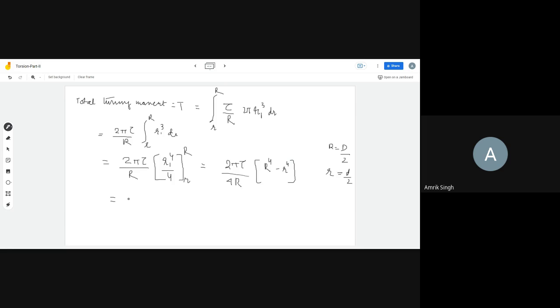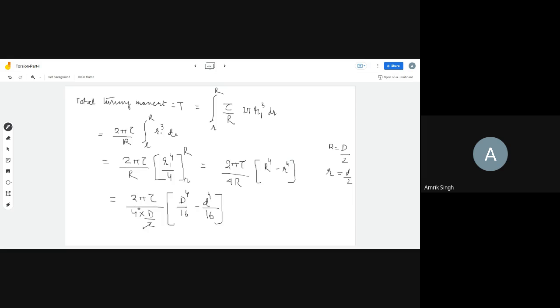Then it will be 2 pi tau upon 4 times D by 2, and it will be D to the power 4 upon 16 minus d to the power 4 upon 16.